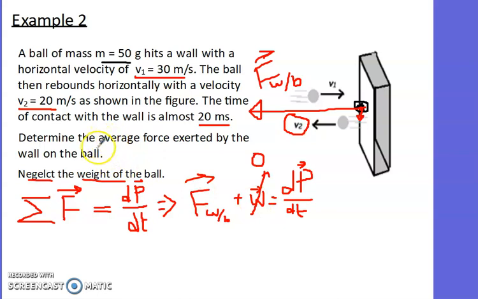And also we want the average. Remember the average? In the average we do not know the detail of motion. That's why we use delta t. So this is the average force exerted by the wall on the ball.